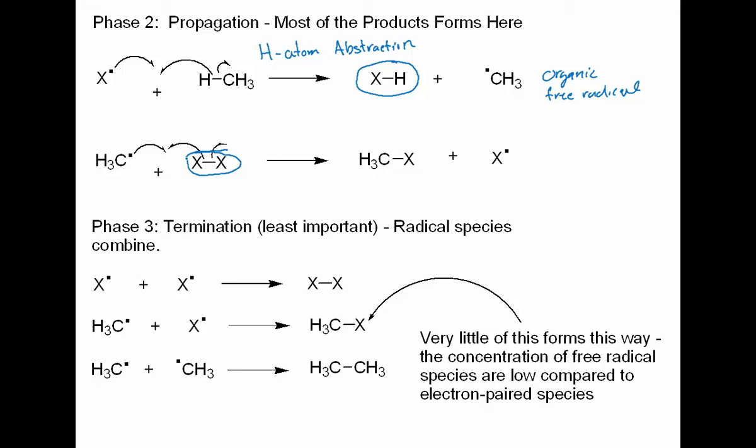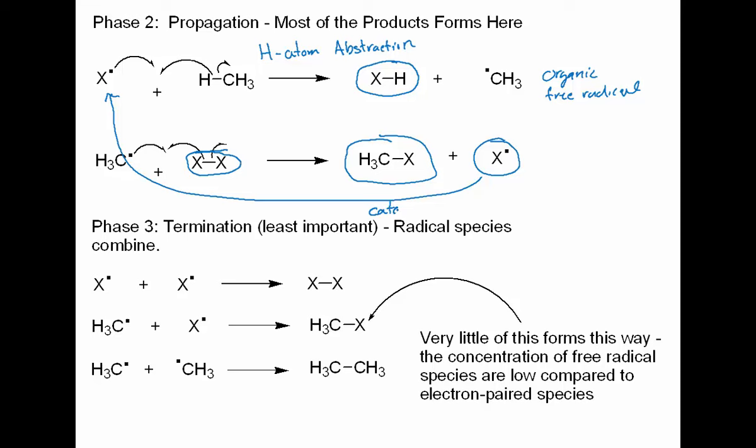We're going to abstract a halogen atom from a halogen molecule, and this is going to form the other product of the reaction, the alkyl halide, and this. This is now capable of going back into the reaction. This arrow here accounts for why the reaction is catalytic in photons.